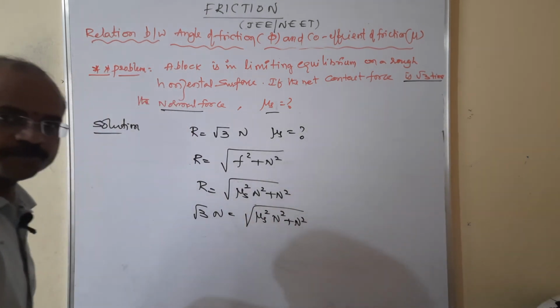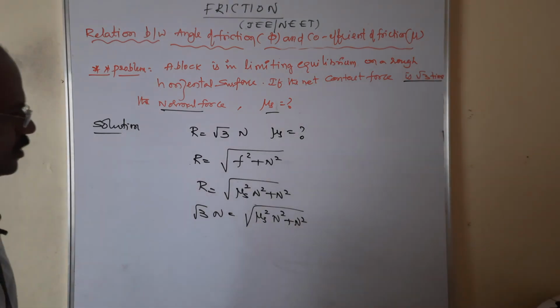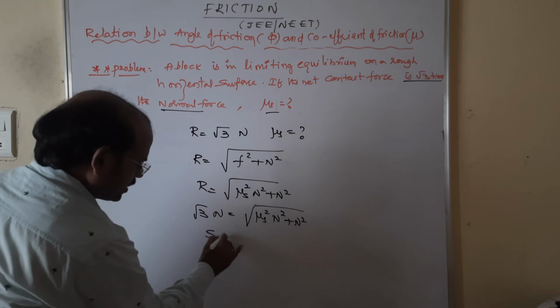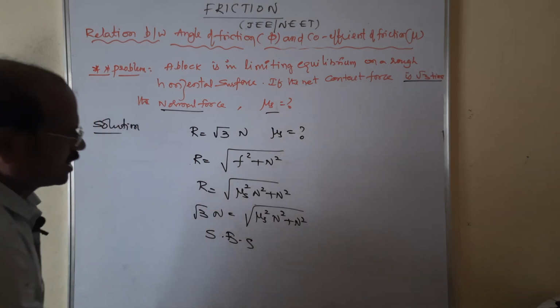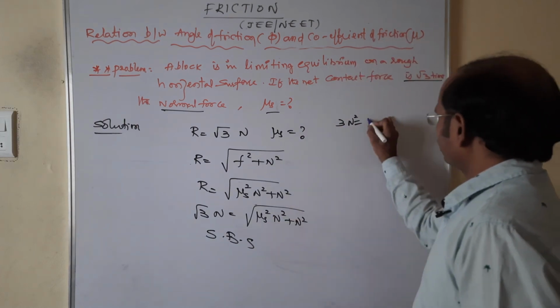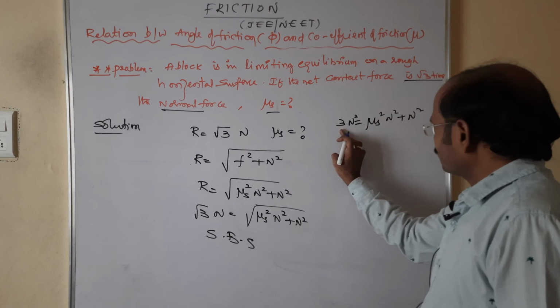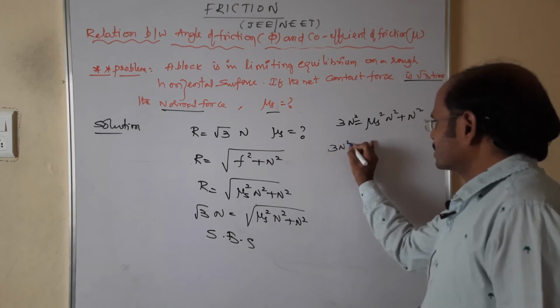Is it right? Now squaring on both sides, therefore it is 3N square is equal to μs square N square plus N square. This N square you bring to this side, therefore 3N square minus N square.